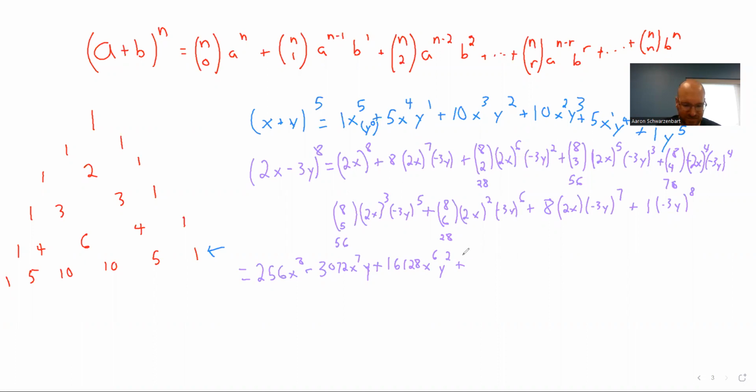Plus, now I've got, oops, that's not a plus. It becomes a negative 48,384. Yes, these numbers get very large very fast. x to the 5th, y cubed.